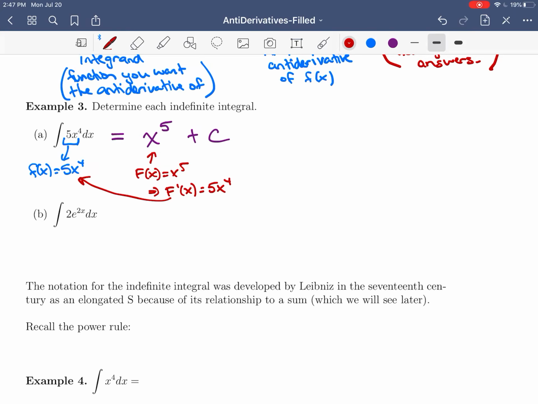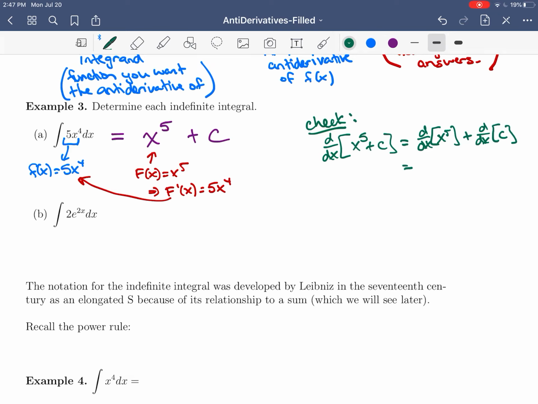So this answer here is going to be x to the 5 plus c. Now, if we wanted to check that this is true, you can always check your answers here by taking the derivative. So if I take the derivative of x to the 5 plus c, the derivative says I can do this separately. So I take the derivative of x to the 5 and I add the derivative of c.